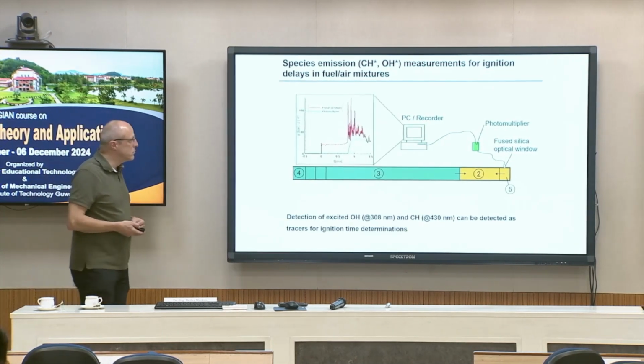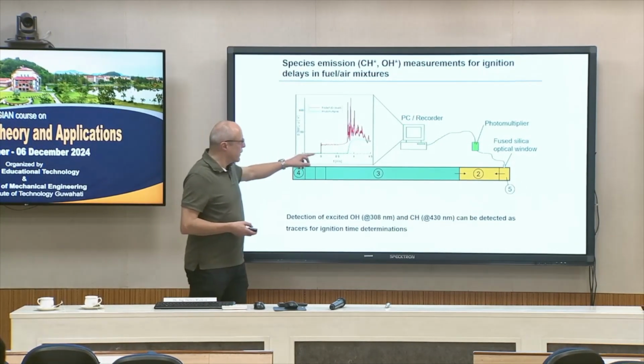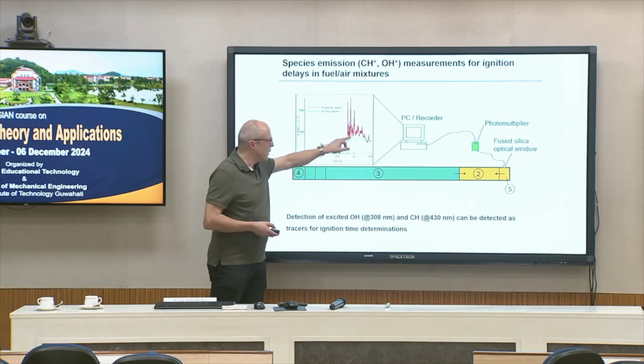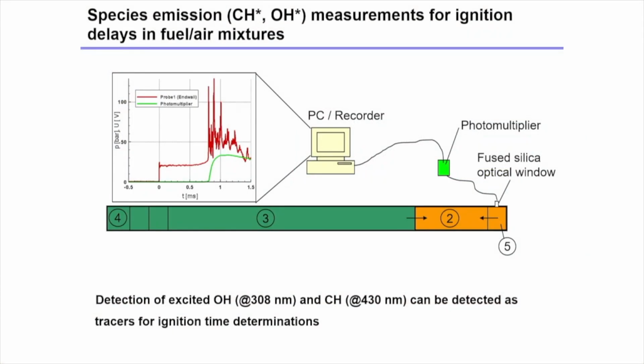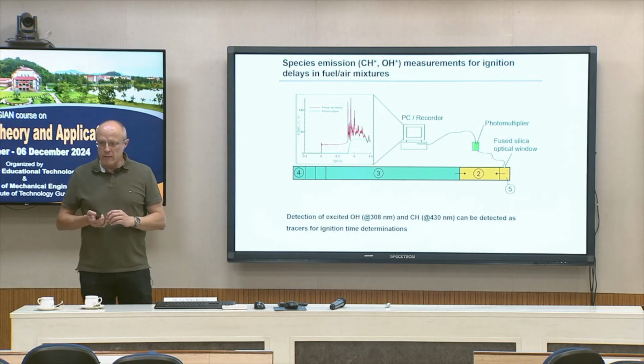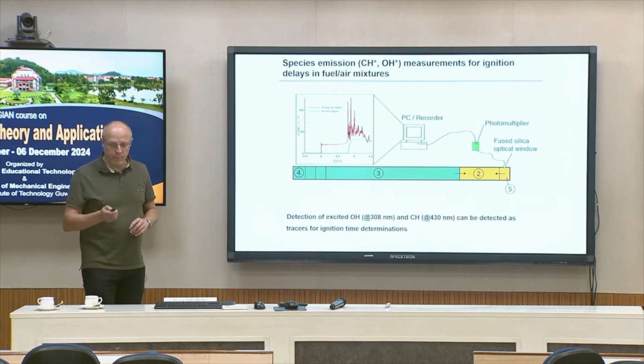And well, we see an increase, and this can be used, as we have discussed already yesterday, to determine an ignition delay time 2. And this normally does not give a better ignition delay time, but it gives us a delay time which we can better compare to our numerical results.